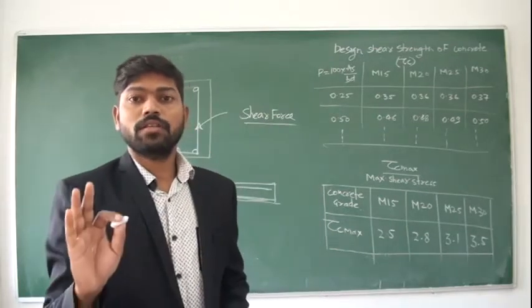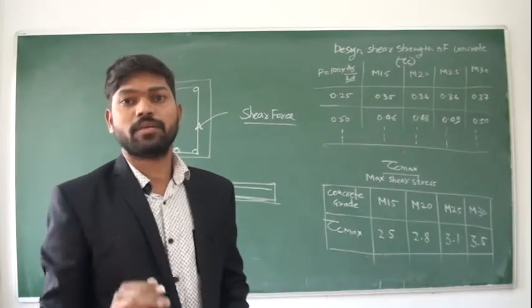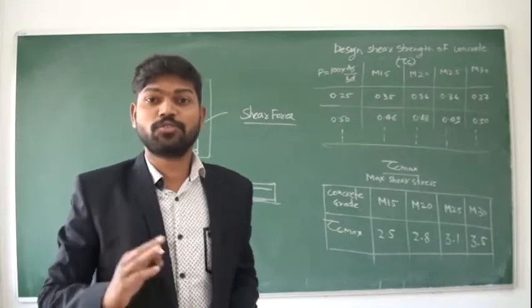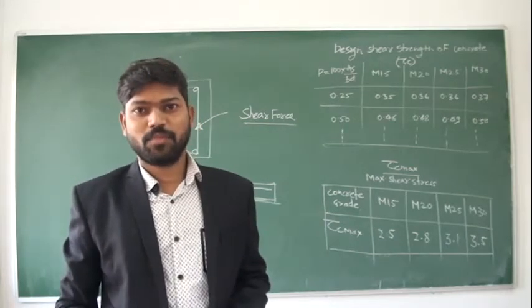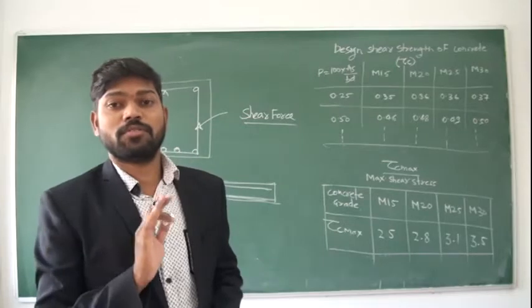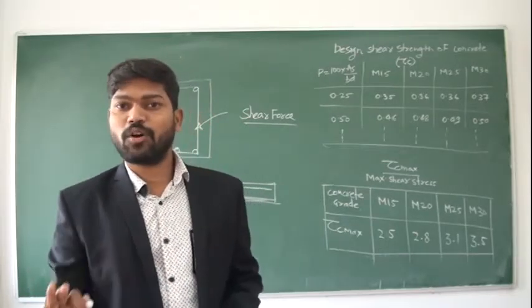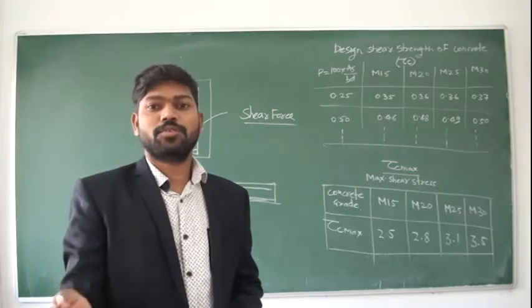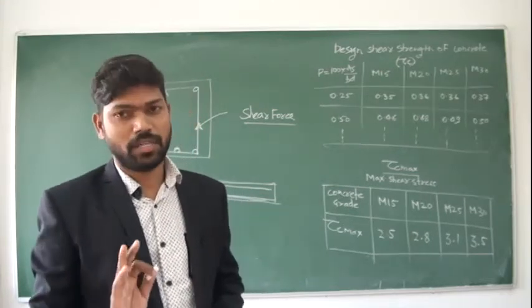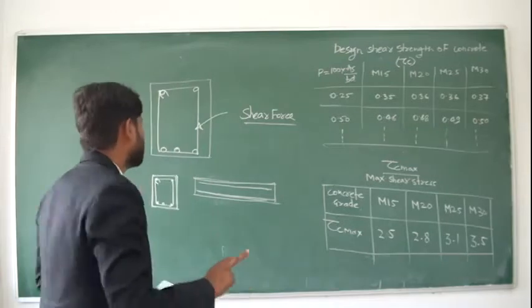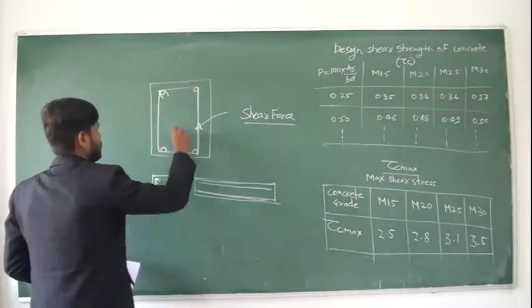When the shear force is there, who will resist it, concrete or steel? The answer is that some part of the shear force will be resisted by the concrete and the excess shear force will be resisted by the steel. But which steel? This vertical steel.